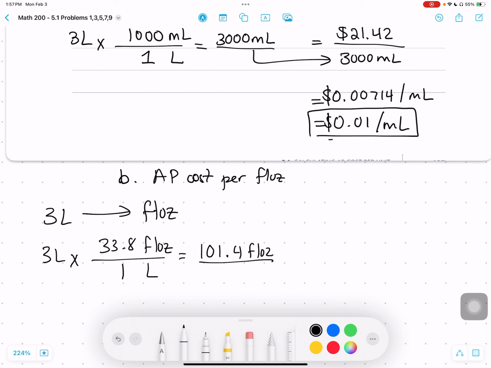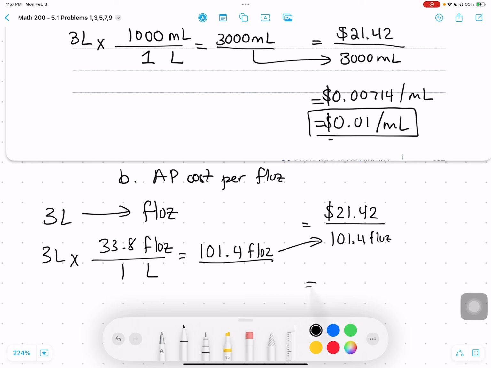Let's take this to the costing formula here. $21.42. The total units is 101.4 fluid ounces, the number that we just calculated. So I'm going to do the division, 21.42 divided by 101.4.